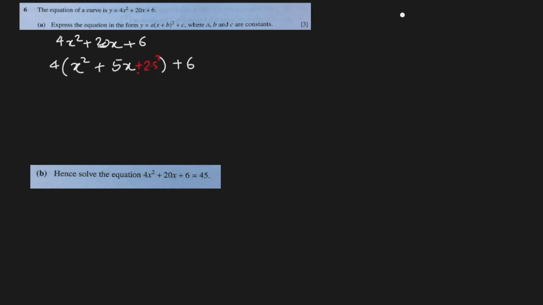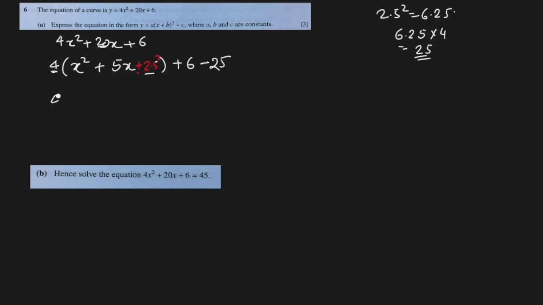So 2.5 squared is 6.25, and because of this 4, effectively we added 6.25 times 4, which is 25. Actually we added 25, not 6.25, because of the multiplication with 4, so we have to subtract the full 25 outside, not inside.